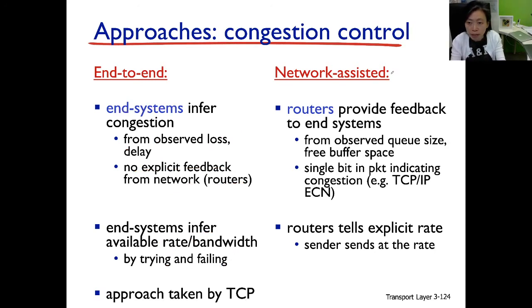The network-assisted approach. In this approach, routers will be doing the congestion detection. But how? Well, we also need to observe something, but this time we can observe something that's very directly related to congestion: the queue size. This is the queue of packets gathering at the entry point of a router. Congestion is this: sources of traffic sending data too much, too fast into the network.